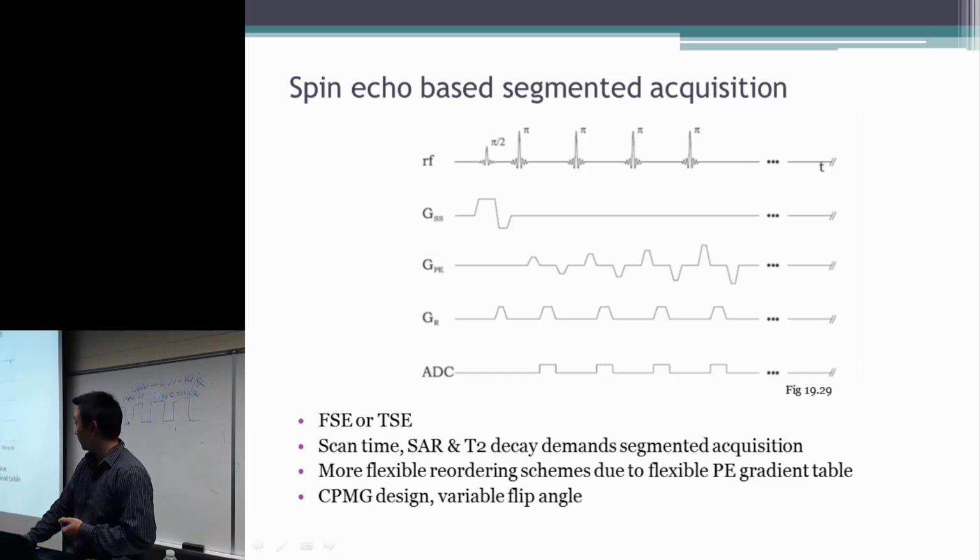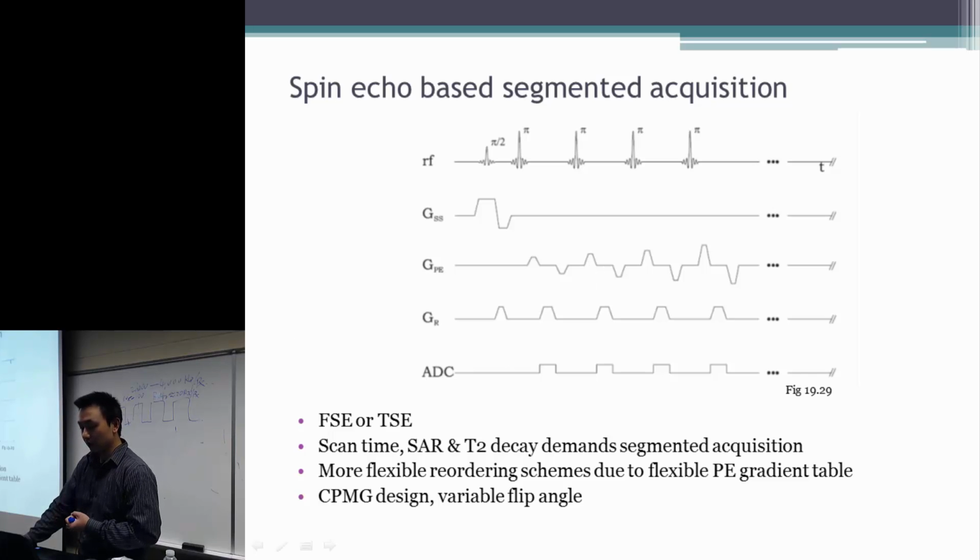So we can see that phase encoding is encoded and then refocused. So this gives us more flexible reordering schemes due to the flexible phase encoding gradient table. So by doing a different reordering using the same fast spin echo, we can actually get different image contrast like proton density, T1 weighted or T2 weighted, all using basically the same structures except for the gradient encoding schemes.